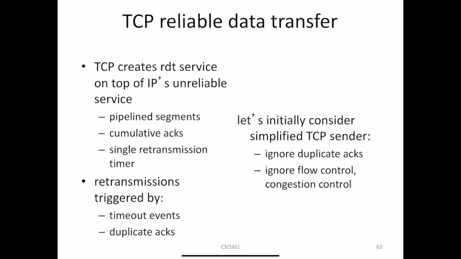Then let's see how the TCP protocol implements reliable data transfer. The TCP protocol creates a reliable data transfer service on top of the network layer, which can only provide an unreliable service. We have learned that TCP uses pipelined segments in order to improve link utilization.